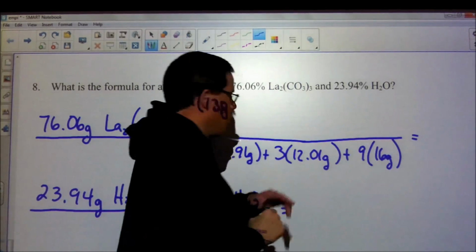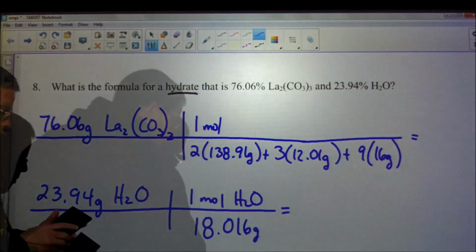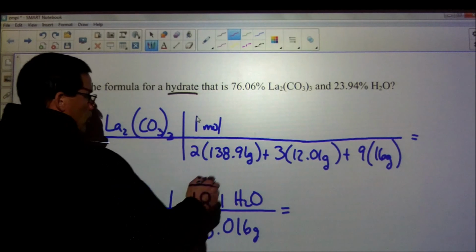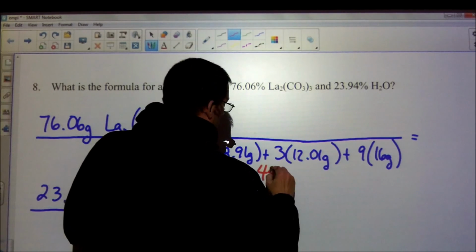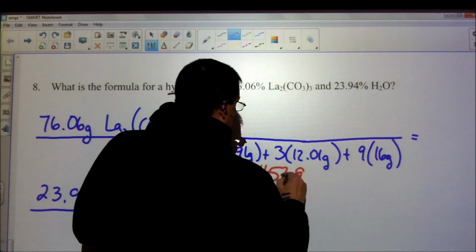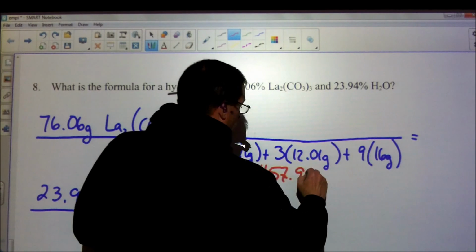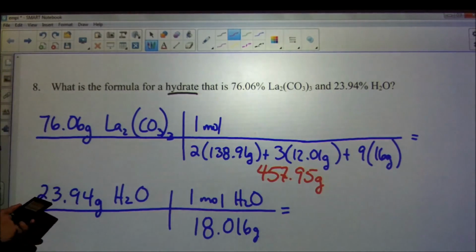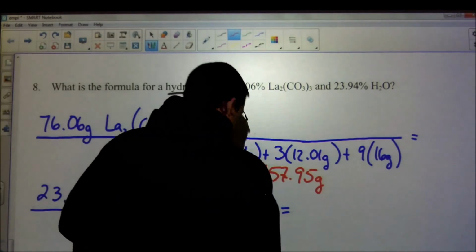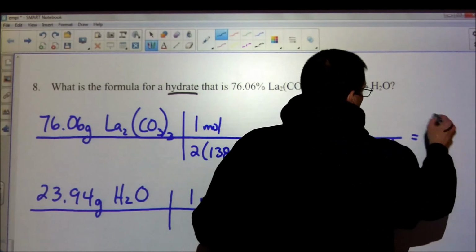Okay, let me find out what the molar mass of that is on the bottom here. The molar mass of this lanthanum compound is 457.95 grams. Okay, so let's find out how many moles that actually equates to.